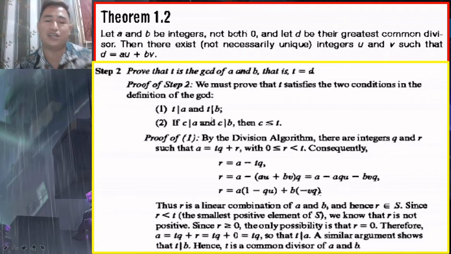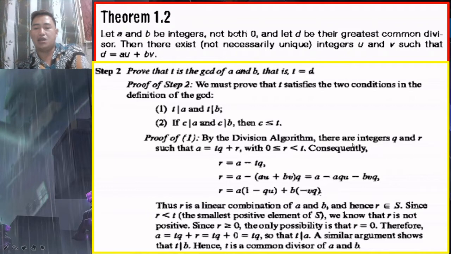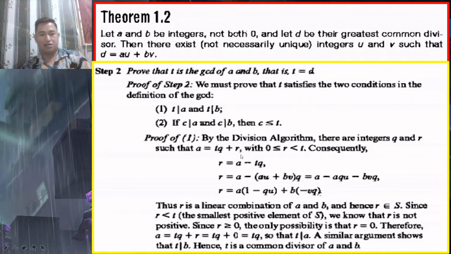I-prove sa taning primero class kani siya ang part. So, by division algorithm, there are integers Q and R such that A is equal to TQ plus R. Tama? Kay si T man class, equal si T kang AU plus BV.